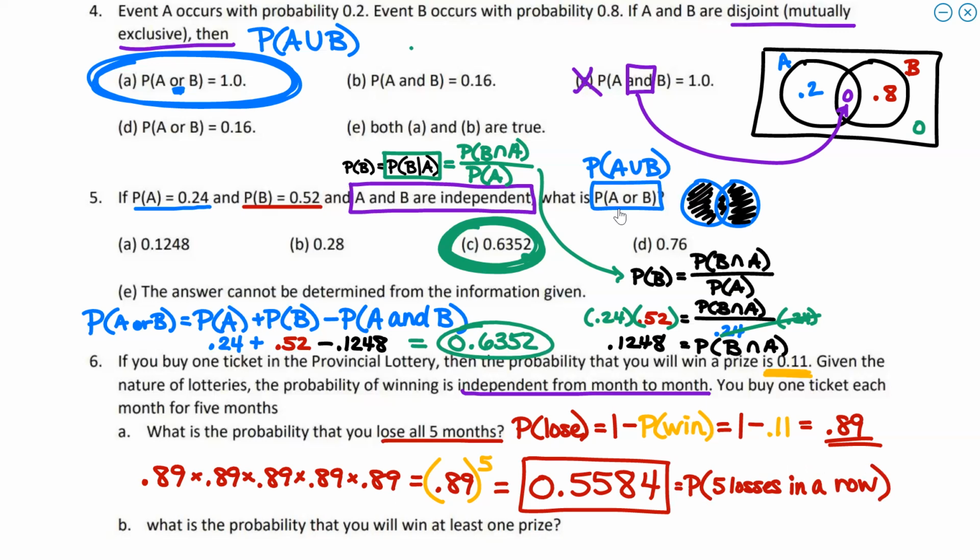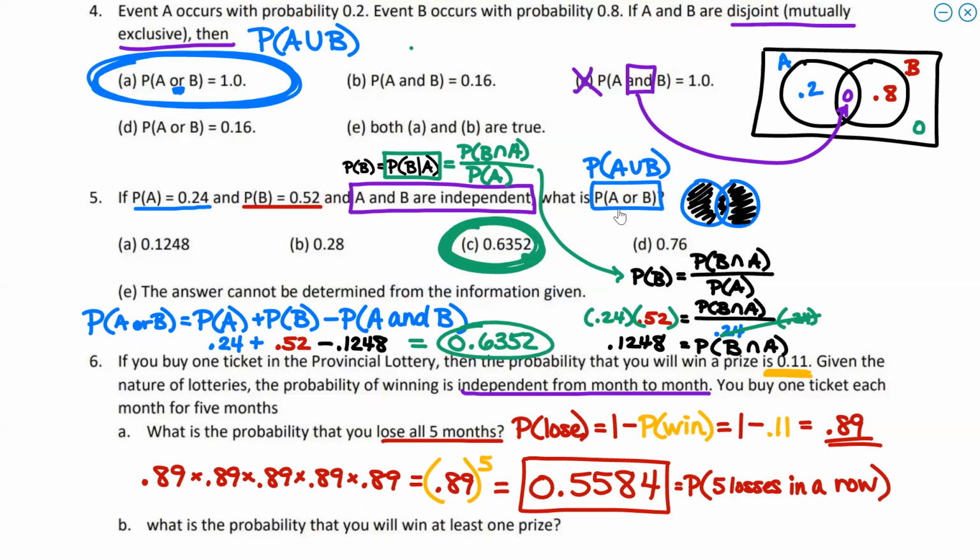What's the probability that you didn't lose all 5 months, that at least on one of those months you won? We could. This is one that we actually learned, and this one we don't need to write all of the options out, because the chance that I didn't lose them all, well, here's the chance that I did lose them all, right?